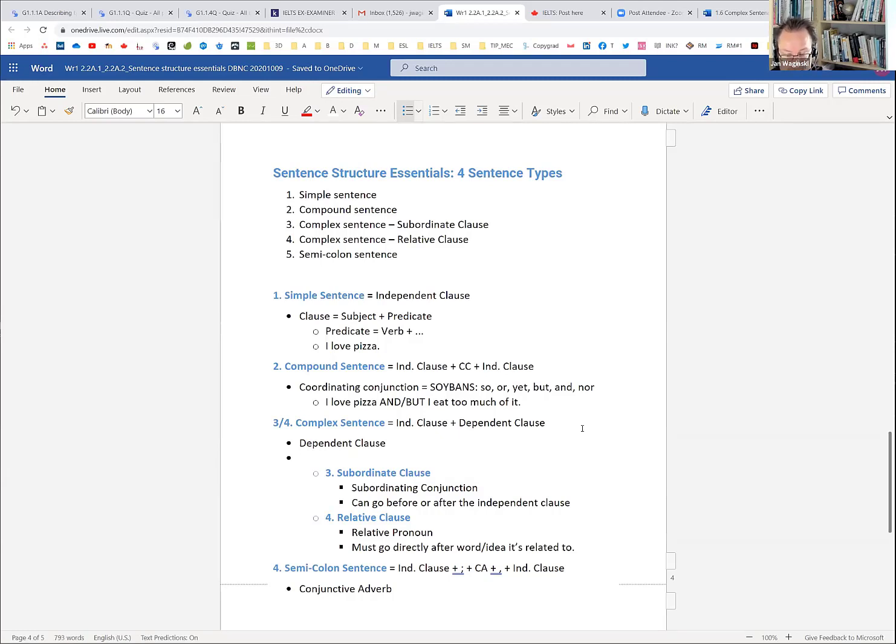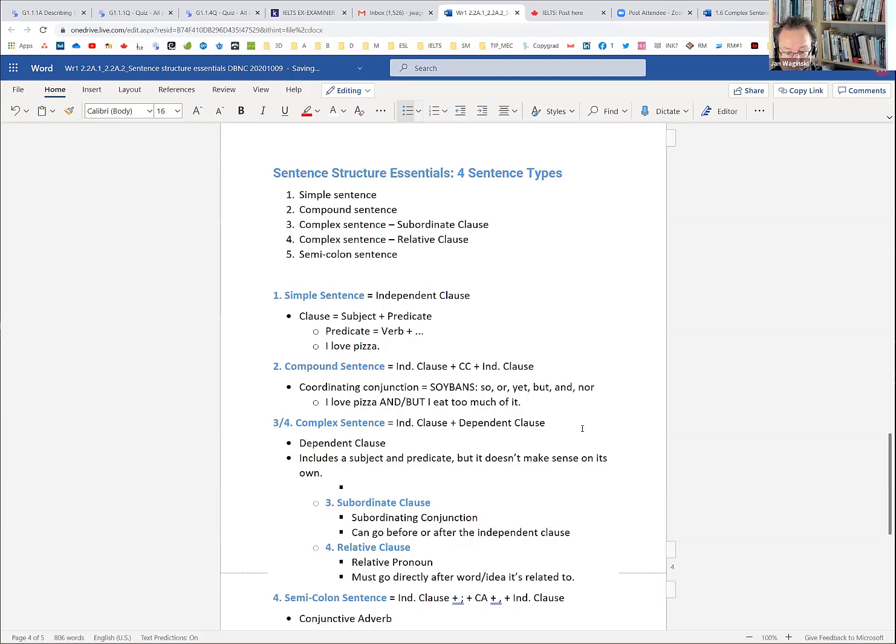But it doesn't make sense by itself. So I'm just going to write that. Includes a subject and predicate, just like an independent clause, but it doesn't make sense on its own.